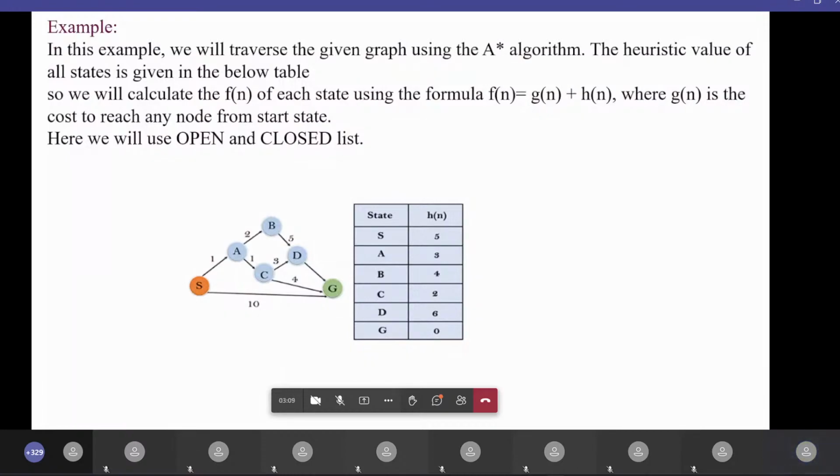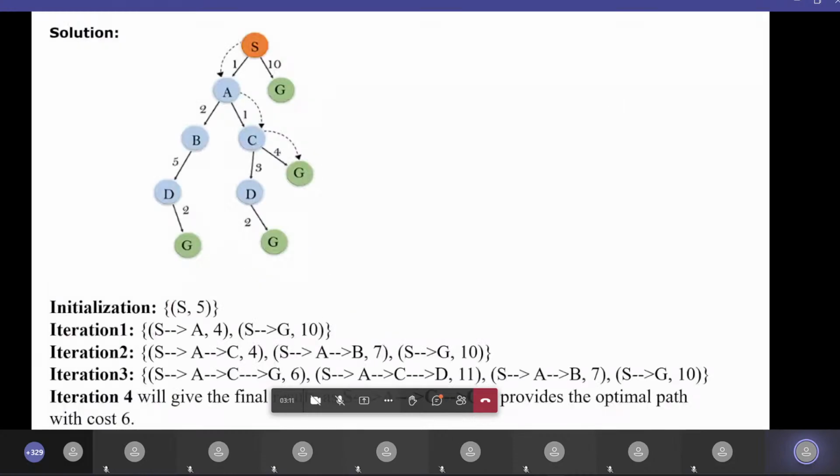So 1 plus 3 is 4. Correct? Now see, in the iteration, the value given for A is 4. You are able to see my screen? Look below: in iteration 1 they have given this value 4, which is 1 plus 3.